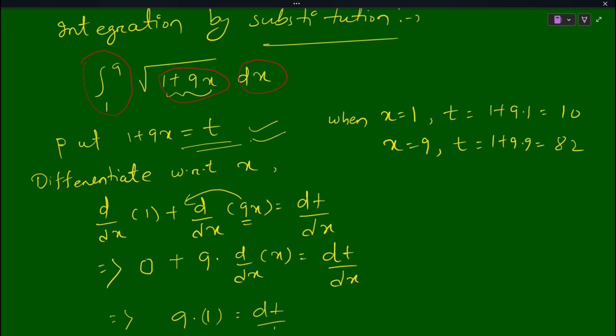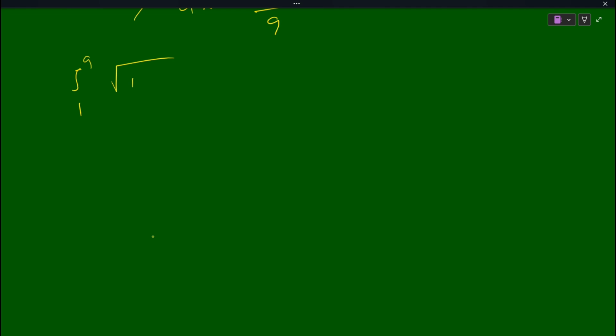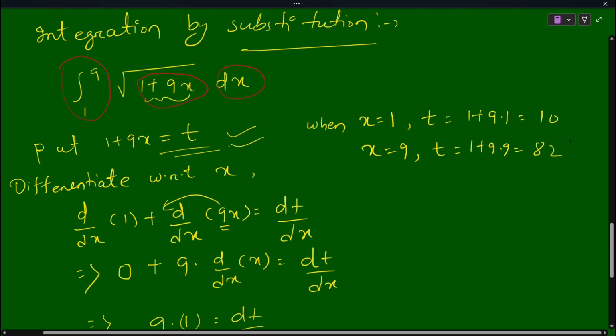So let's substitute this one. After substituting, let's write down the left hand side first: it is the integral from 1 to 9 of the square root of 1 plus 9x dx. The new limits would be according to t. What are the limits of t? They are from 10 to 82.